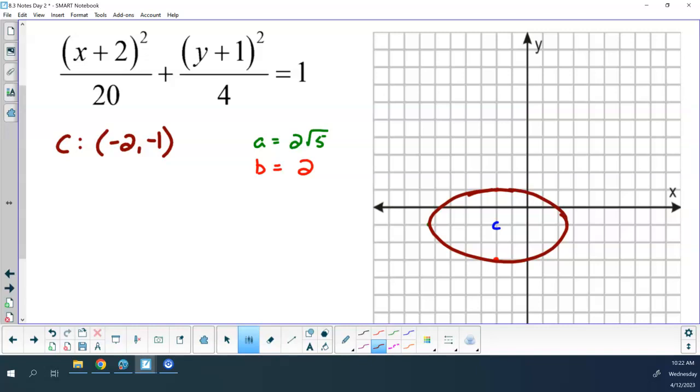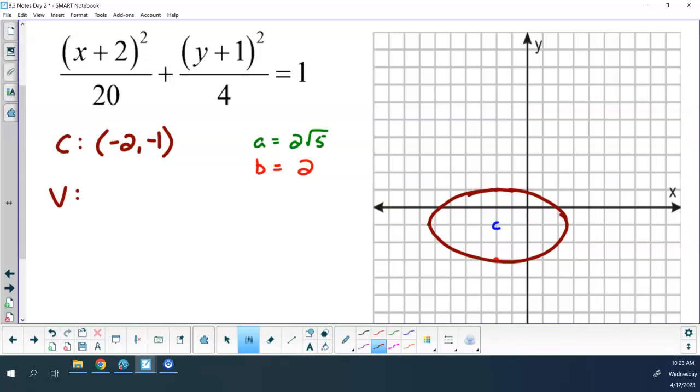Love it. Vertices. So, from my center, is the major axis horizontal or vertical? It's horizontal. So that means I would add and subtract A to my center, right?